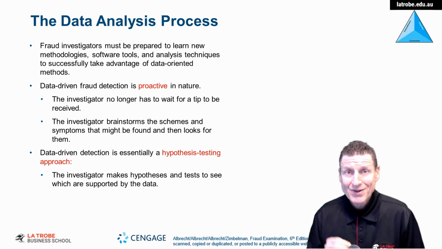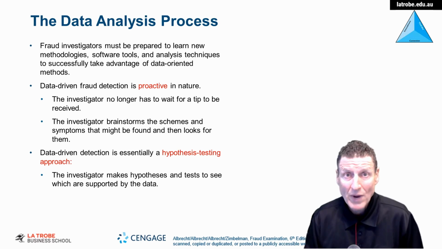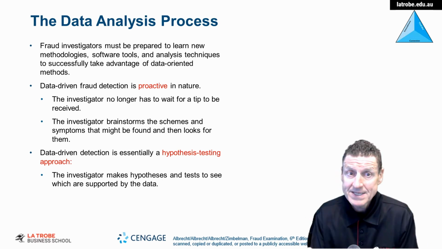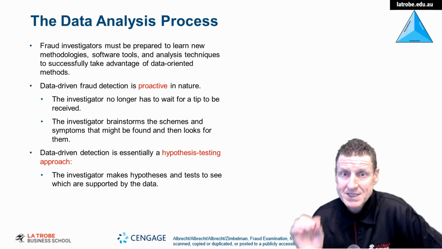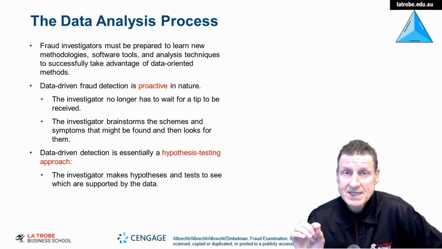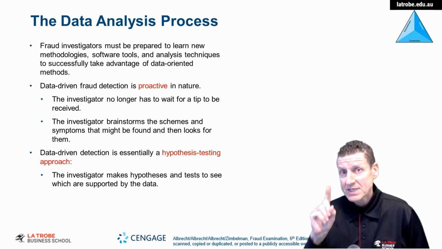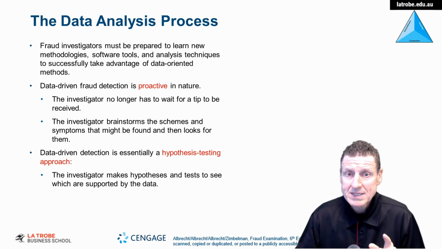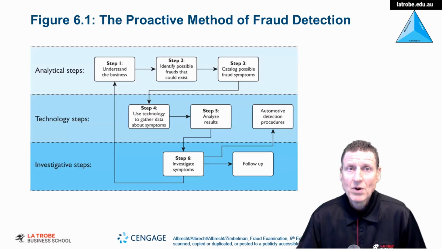Of course, this may be the second step after you have been made aware of some symptoms of fraud that we talked about in chapter 5. So the investigator here makes the hypothesis and tests to see which are supported by the data. So we might start with a symptom and then look to the data analysis. But let's not just start there. First of all, we need to understand the business.